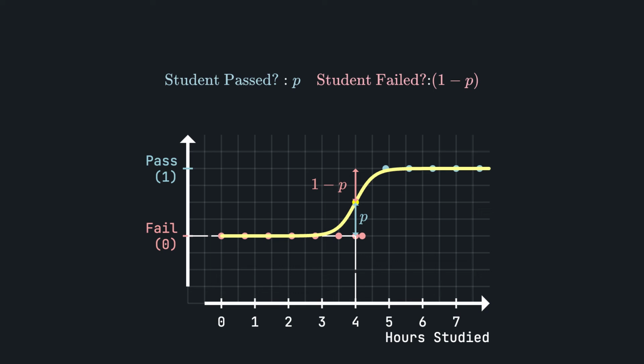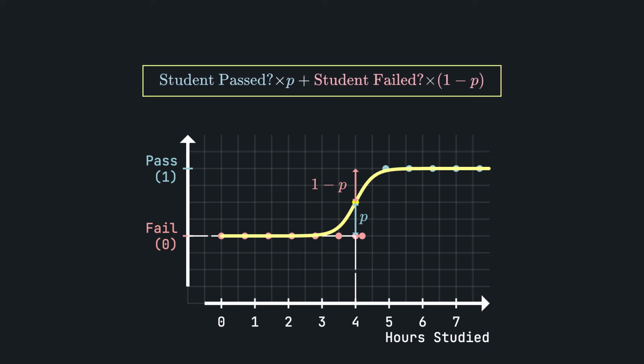By abusing notation a little bit and using these two expressions as Boolean variables, we can write down this quantity, which is just a convenient way of representing what our logistic regression model thinks the probability of the real outcome for each student is. The larger this number is, the better our logistic regression model is at making predictions.